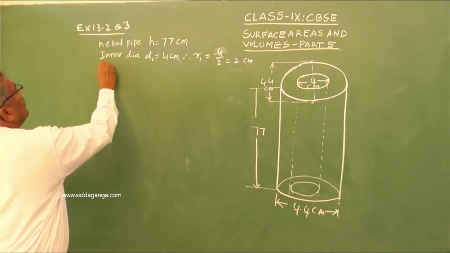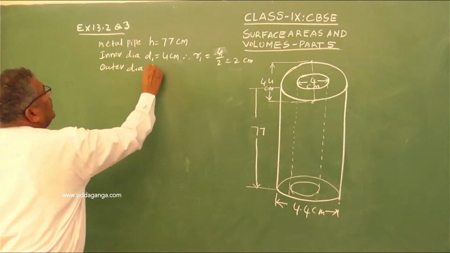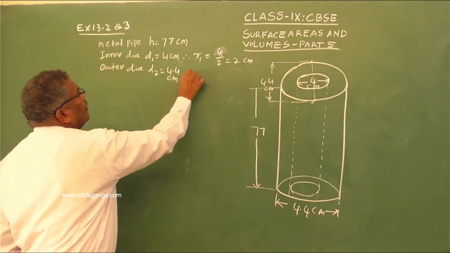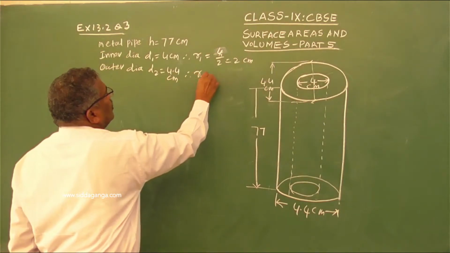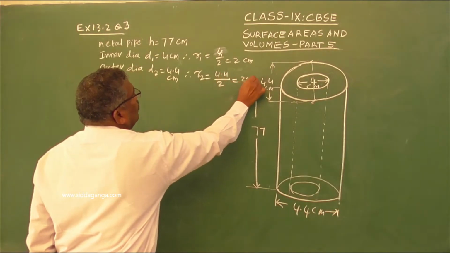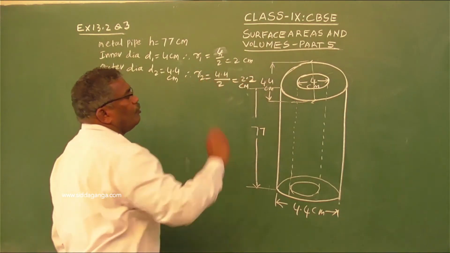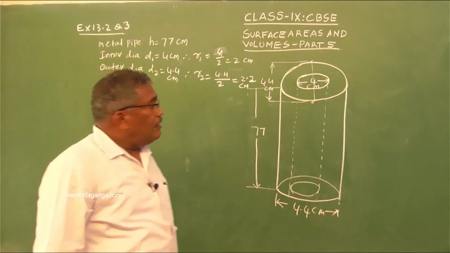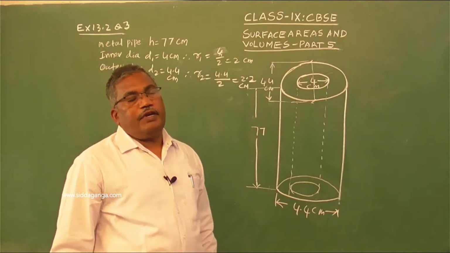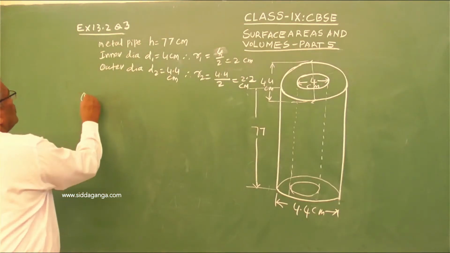Outer dia, let it be d2 equals 4.4 centimeter, so the outer radius r2 equals 4.4 divided by 2 equals 2.2 centimeter. And the first question is, what is the inner curved surface? So we have the formula.